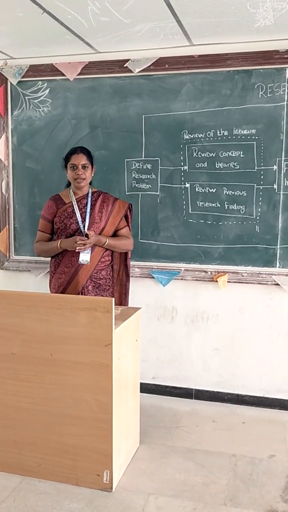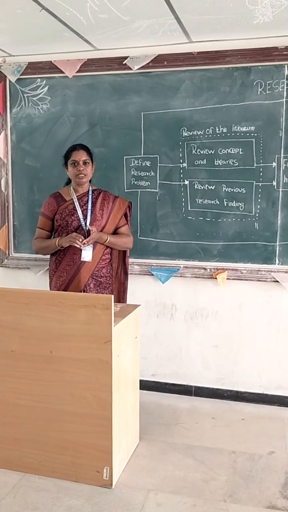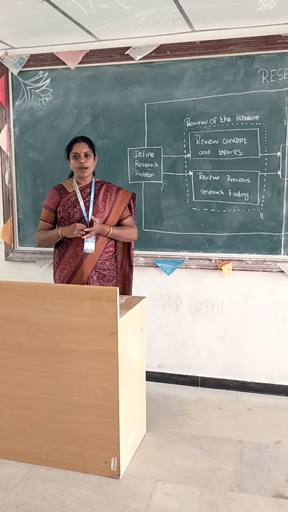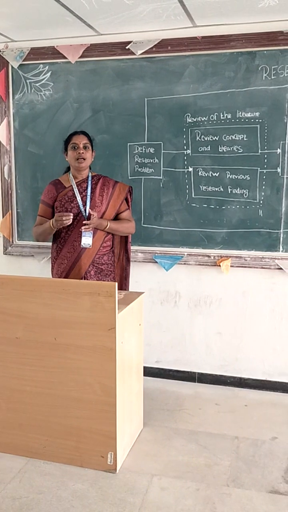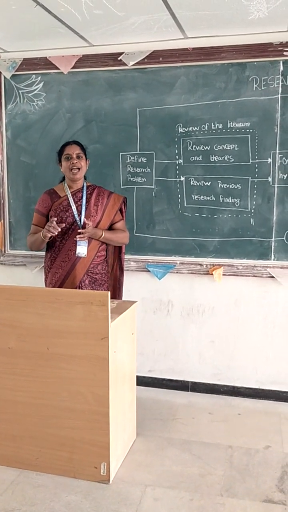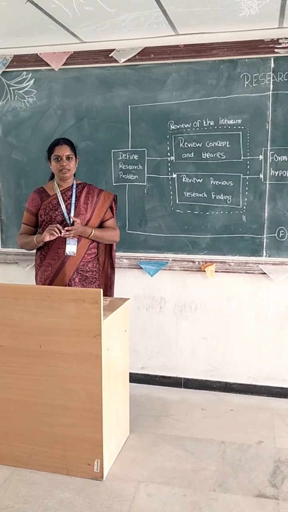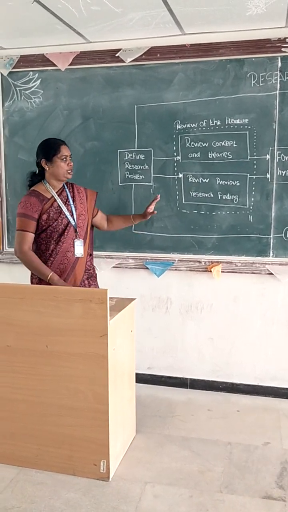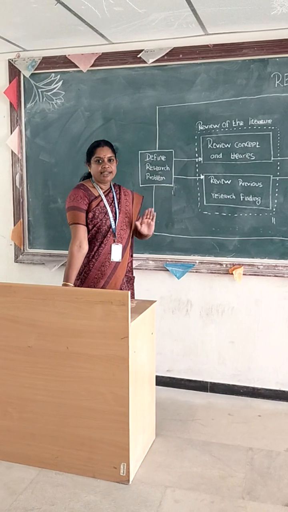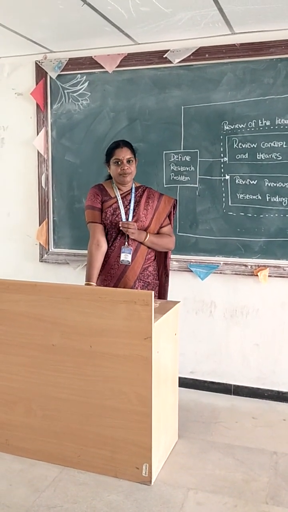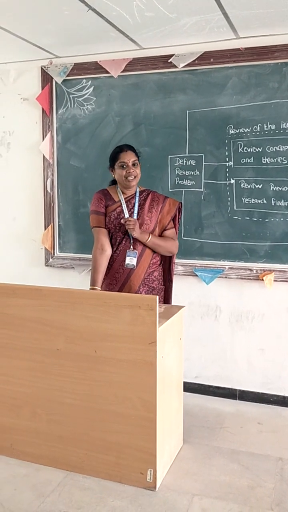What the researcher has to do is identify what topics are available on the same topic. Keeping that, the researcher has to prove what they have identified. So that is very important. In this review of literature, they can go for collecting information, so that it is called secondary data.